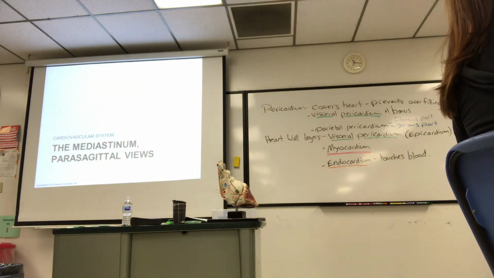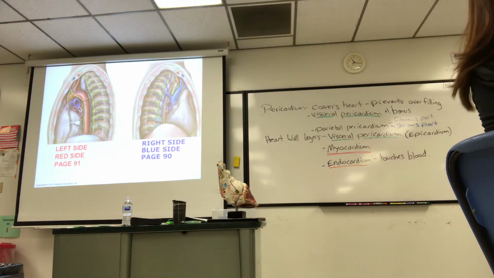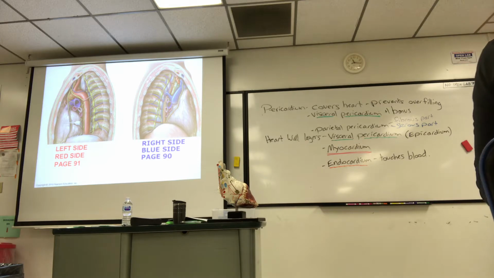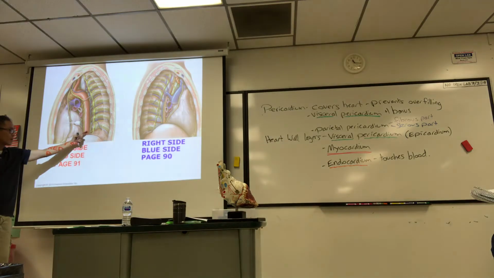Let's take a look at a side view of the heart. If you remove the shoulder and arm and look inside the thoracic cavity from the left side, they usually call it the red side because the artery is on the left. It's called red side because they usually use red to color arteries.